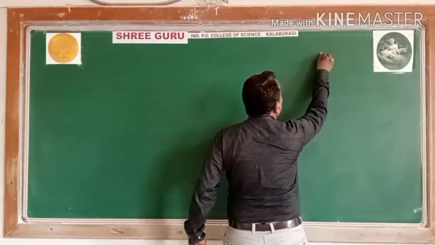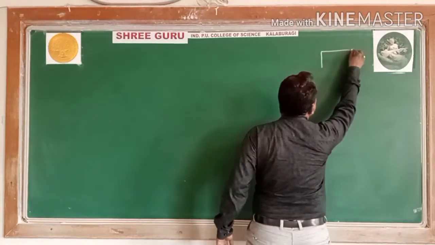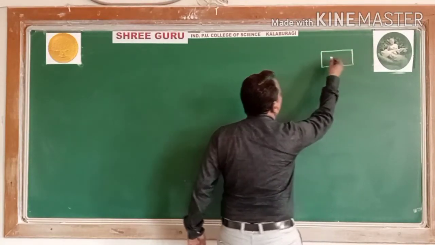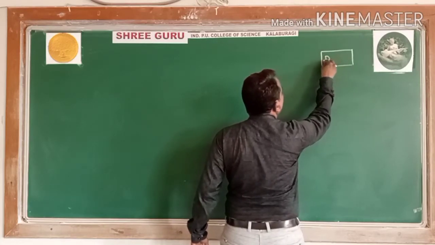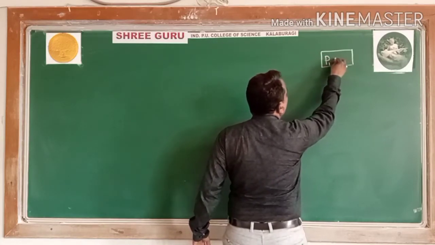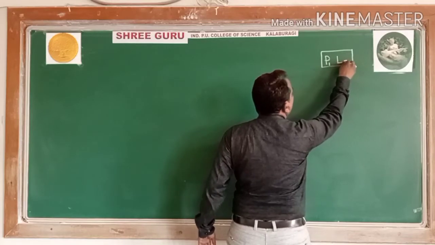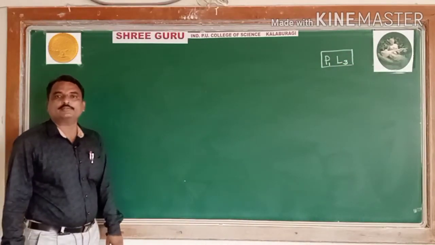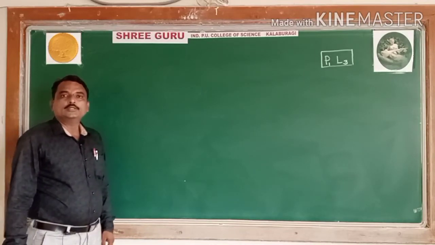In the last two classes, we have discussed measurements of angles, examples on measurements of angles, and conversion of degree to radians.